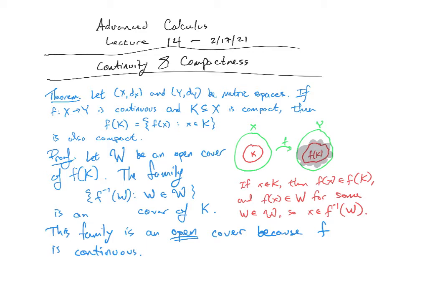Why does that work? Well, the preimage of an open set is open. Remember, that's our alternative definition of continuity. So we already knew we had a cover, and now we observe that every set in our cover is open, and that makes it an open cover. Okay, good so far?